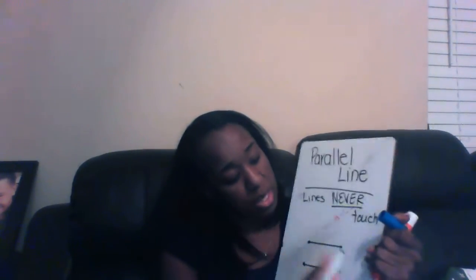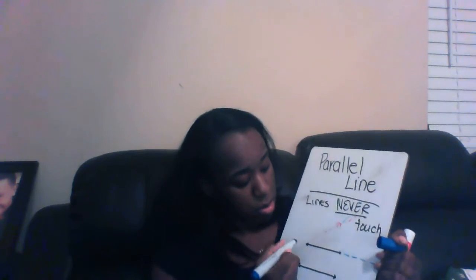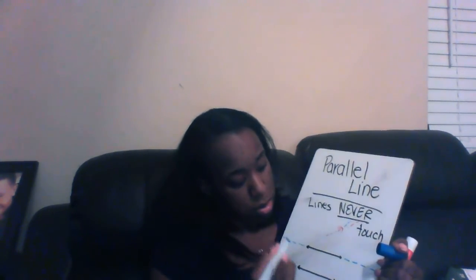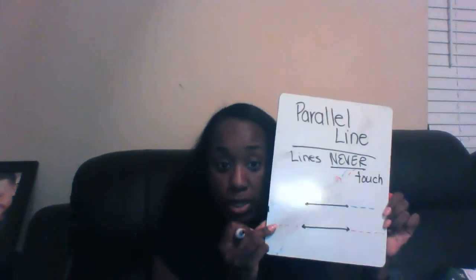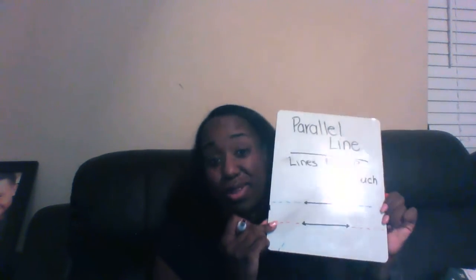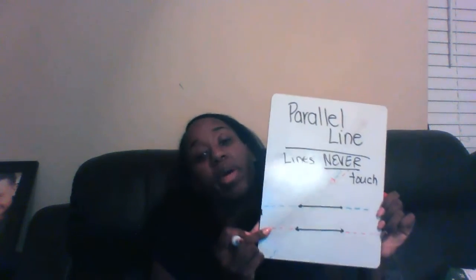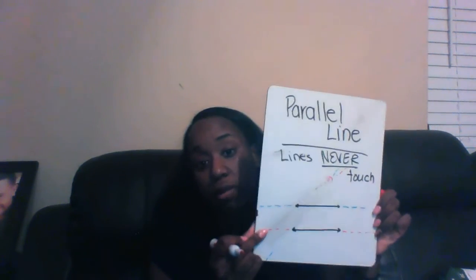If I was to continue this line, and if I was to continue this line, they would never meet. Why? Because they have a relatively equal distance, because mine's not completely equal, but it's equal enough to let you know that they'll never meet. So that is the difference.